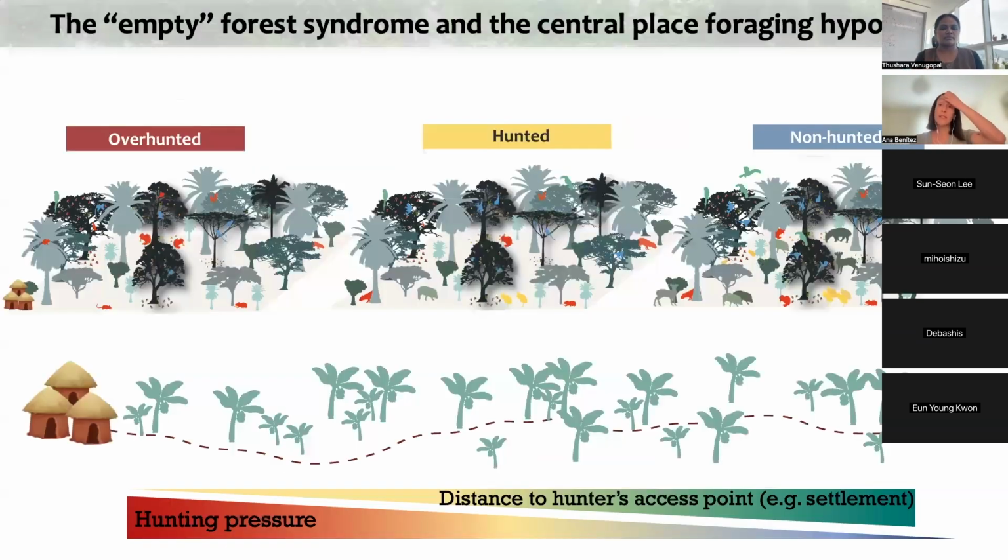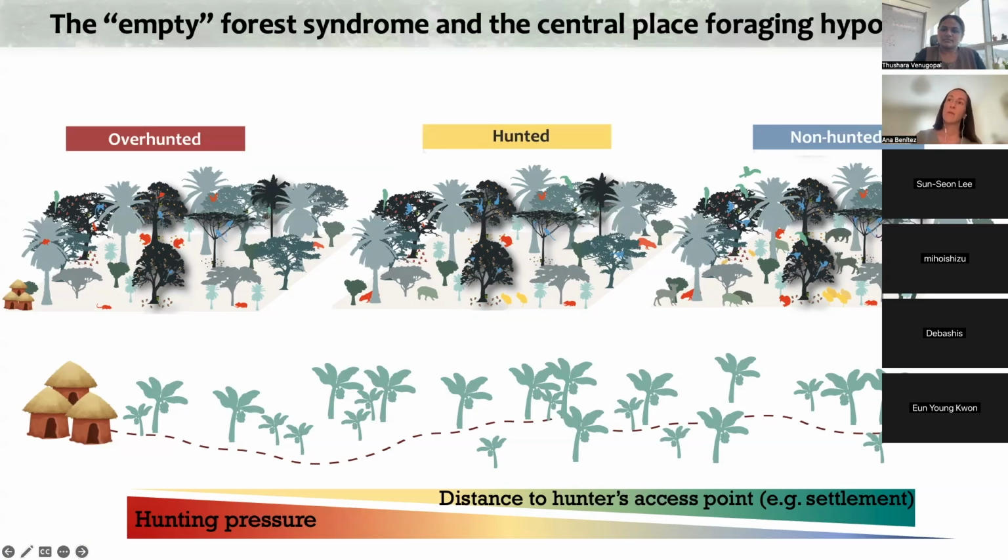For doing this, basically I relied on the central place foraging hypothesis, which states that humans are mostly central place foragers. We tend to gather resources close to the places where we live. In the case of local communities and rural communities in the tropics, they basically go into the forest and hunt. They can go a bit farther away and extract more wildlife resources, but then at some point they will return home.